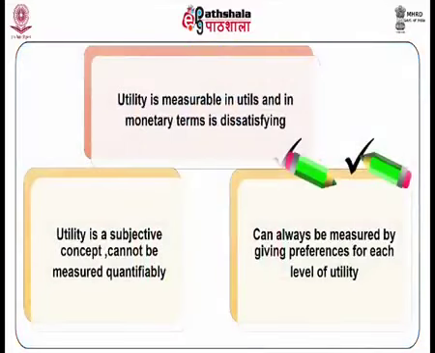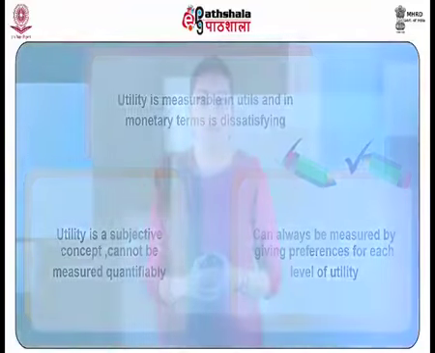First, the assumption of the cardinal utility approach that utility is measurable in utils and in monetary terms is very dissatisfying. Utility is a subjective concept which cannot be measured quantifiably. It can only be measured by giving preferences for each level of utility.